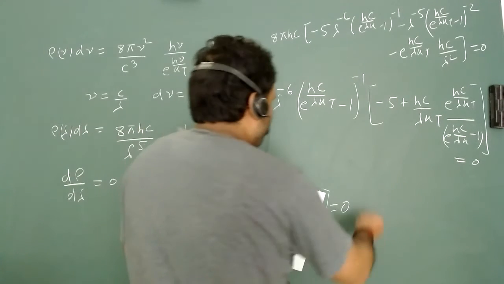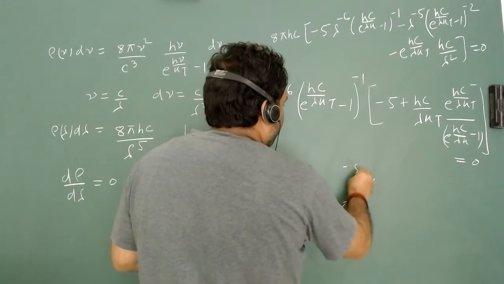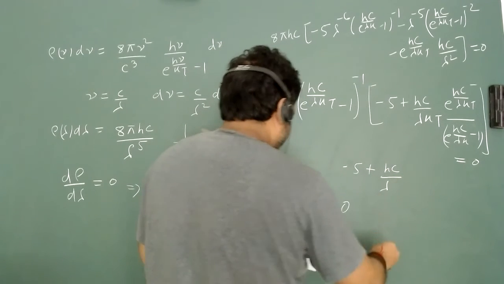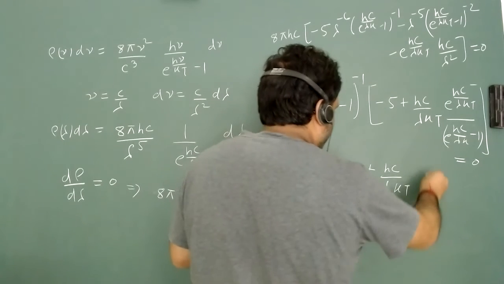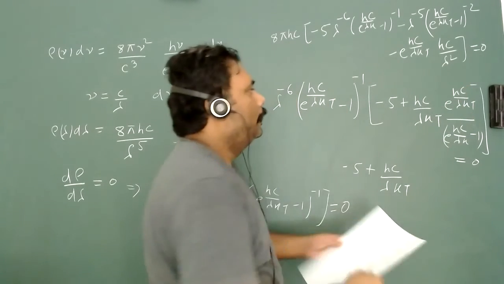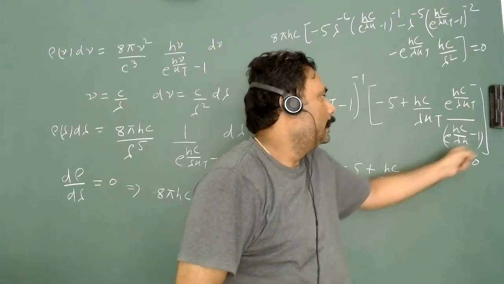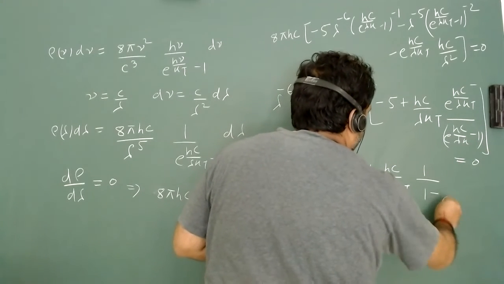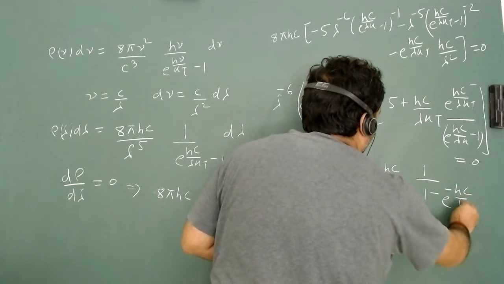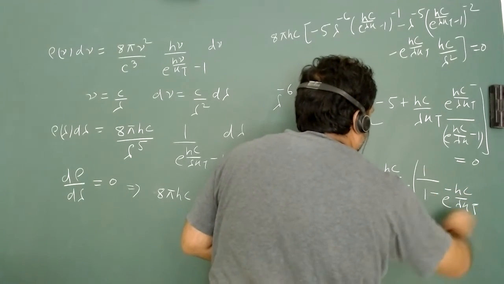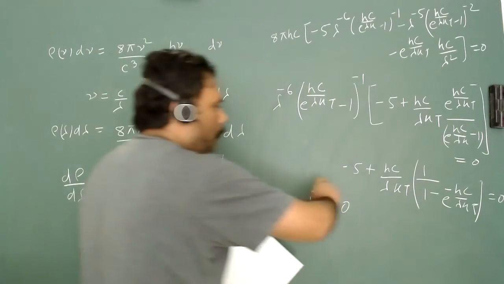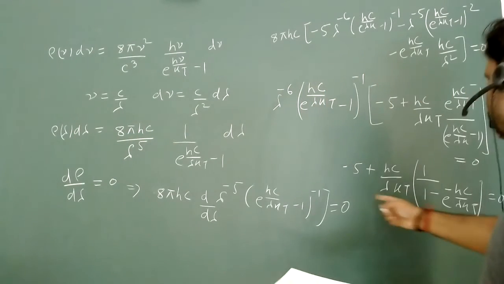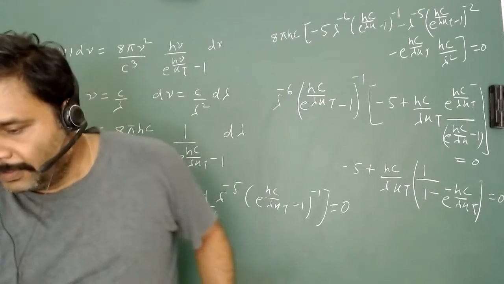So we find minus 5 plus hc upon lambda kT, and I can divide e to the power hc upon lambda kT in numerator as well as denominator, so we find 1 upon 1 minus e to the power minus hc upon lambda kT, must be equal to 0. We have to solve this particular equation, but solving it is a very tedious task.